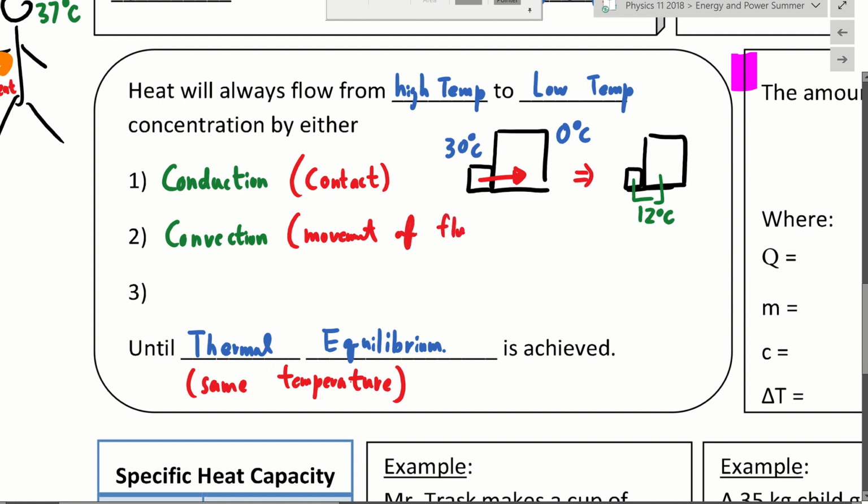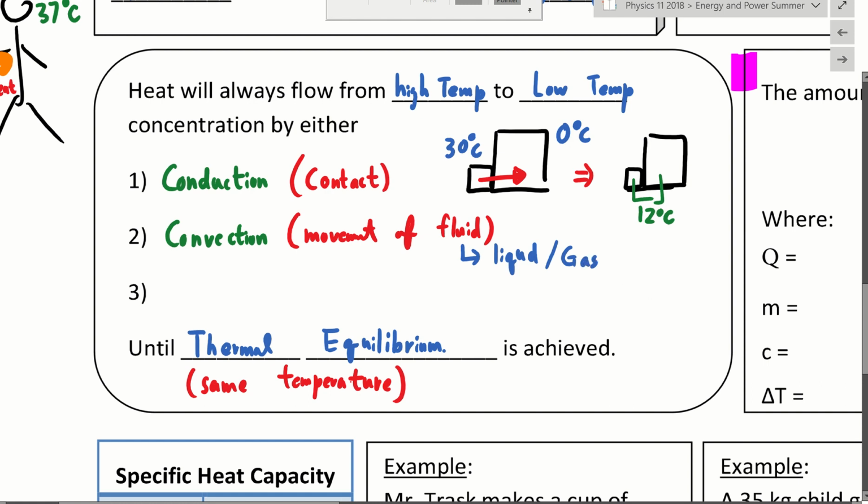In this case, convection works with both liquid and gas, because liquid molecules can actually move around. Gas molecules can also move around. But as you've seen from that simulation earlier, right? Solid molecules can't really move around, so they can't really go up and down and give other particles energy.